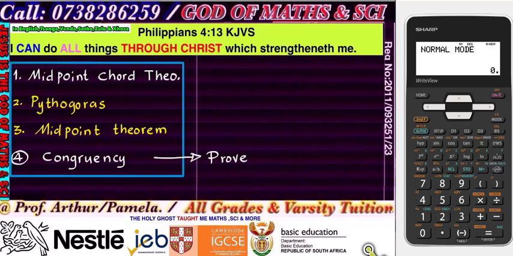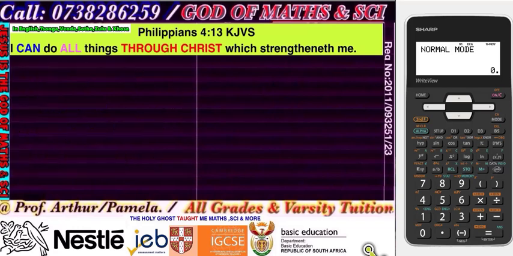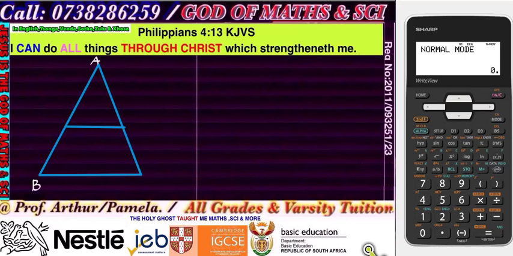All right, so let me remind you of the midpoint theorem. They give you a triangle, and then they draw a line in the middle. So let's call those A, B, C, D and E. They give you two things.